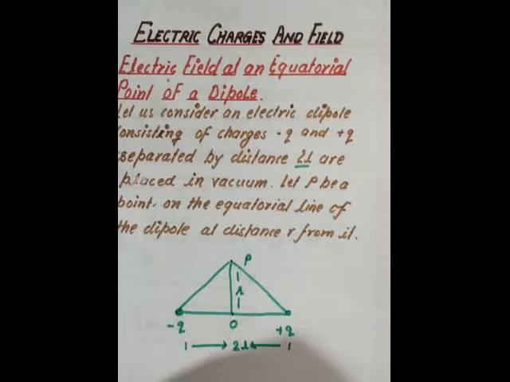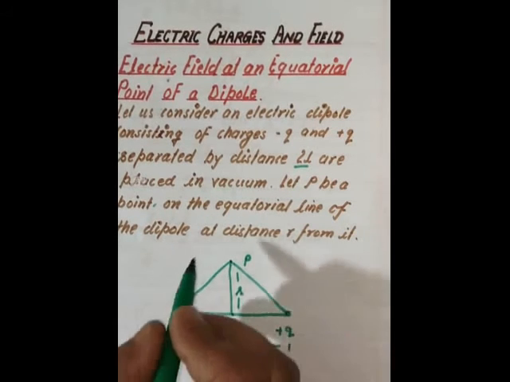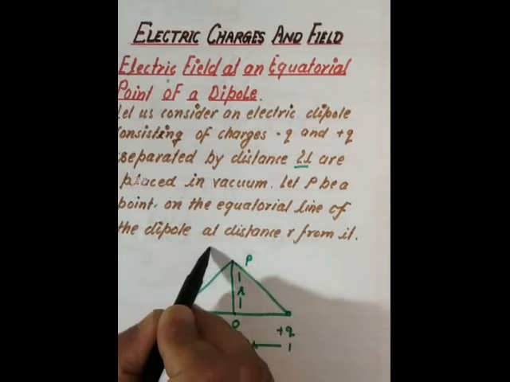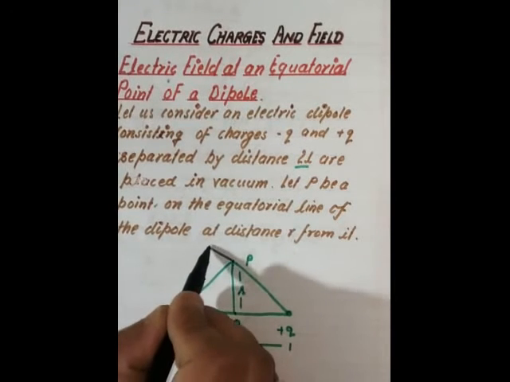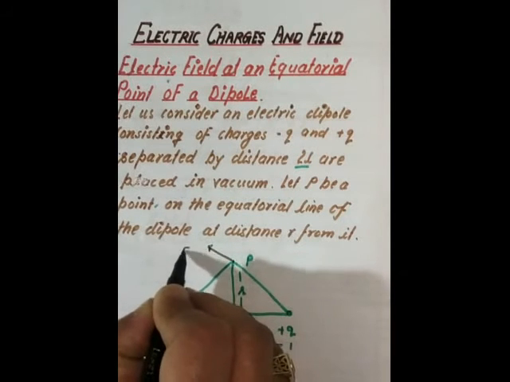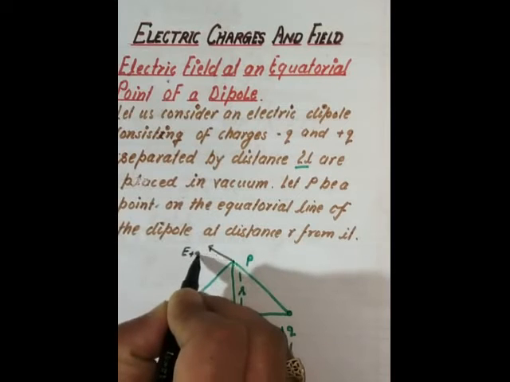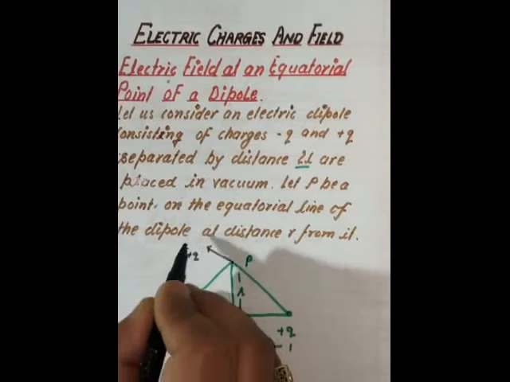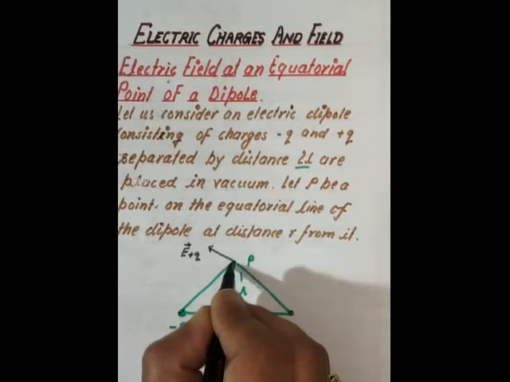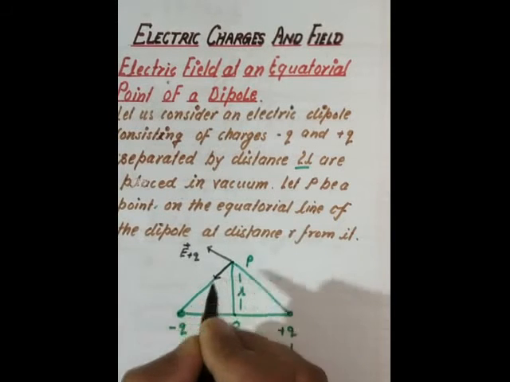At point P, the electric field by the positive charge works in the outward direction, like this. Electric field by the positive charge. The electric field by the negative charge works in the inward direction, like this.